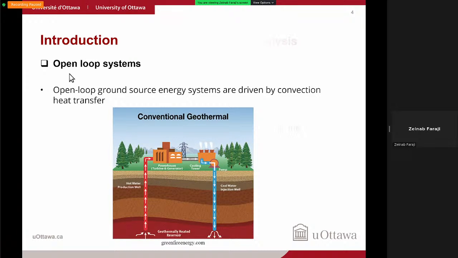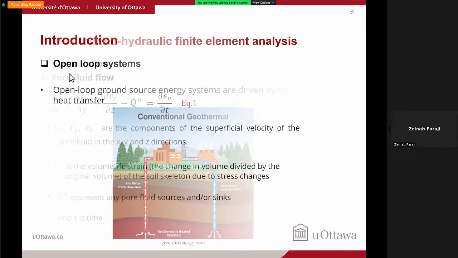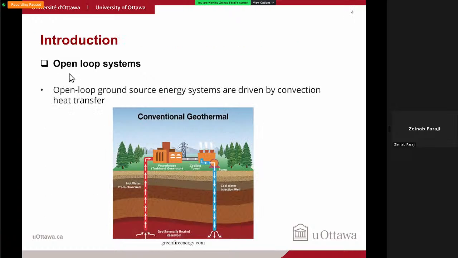Before using the numerical method to simulate an open loop system, let's know basically what an open loop system is. As can be seen in this schematic picture, there is a supply well and also an injection well.